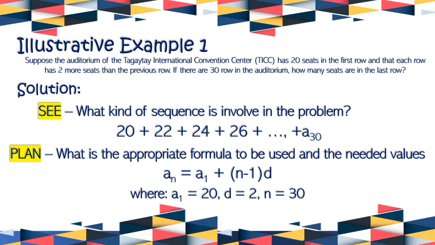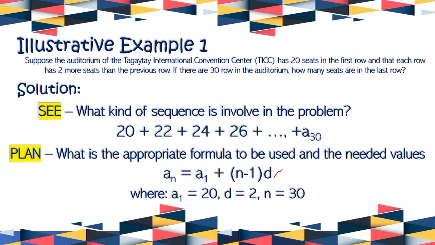And then, next factor ng C, we need to plan. So, what is the appropriate formula to be used and the needed values na kailangan natin? So, since obvious naman na ito ay isang arithmetic sequence, we are going to use the rule for the arithmetic sequence, which is a sub n is equals to a sub 1 plus n minus 1 multiply sa common difference or the d.